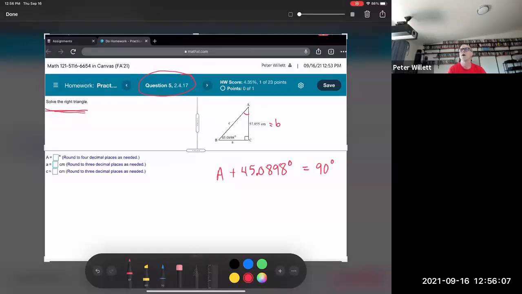So I guess I would do that on a calculator just because the decimal is big enough. So I'm hopping over to Desmos on my other screen, which I'm not showing, but I'm gonna type in here. Well, we're gonna get 44 point something. So I'm gonna get A is equal to 90 minus 45.0898.